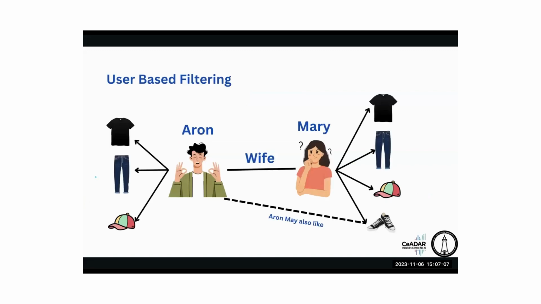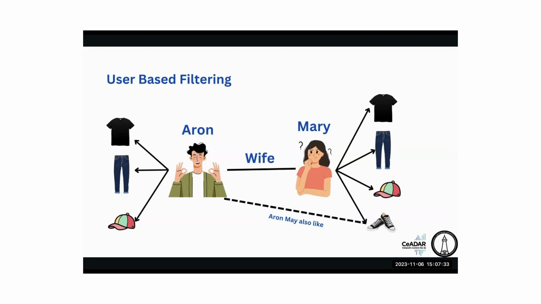Now let's take an example of user-based collaborative filtering. This method identifies users with similar behavior or preferences and recommends the items that those similar users have liked or interacted with. Let's take the example of Mary and Aaron's love story. Aaron likes shirts, jeans, pants, and his cap.